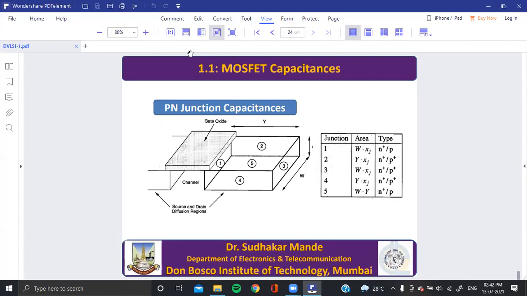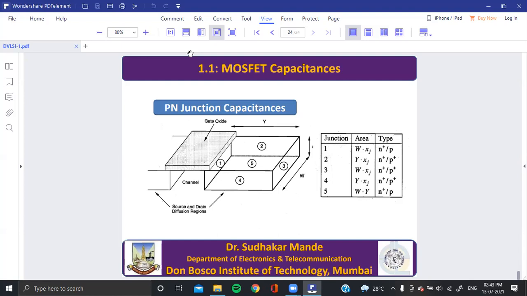In bias independent, there are only overlap capacitances that exist between gate and drain, and gate and source. That capacitance exists in all regions, whether it is cutoff, saturation, or linear region.